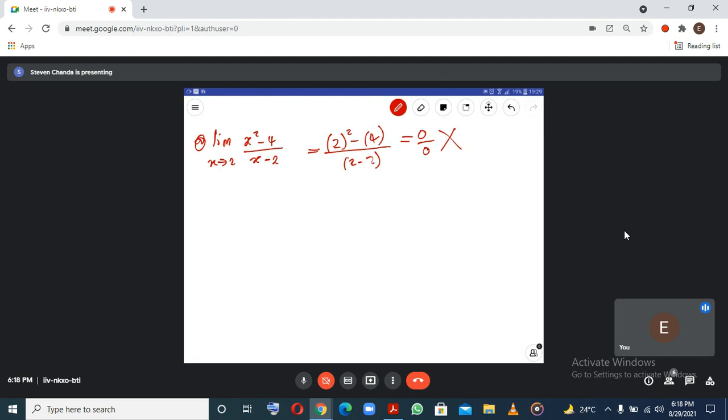So what are you going to do? From our understanding of limits, you know that what you're basically trying to find is what value my function will be having when x is going towards 2.